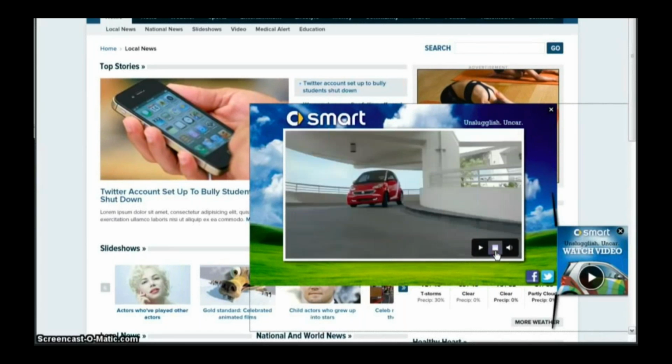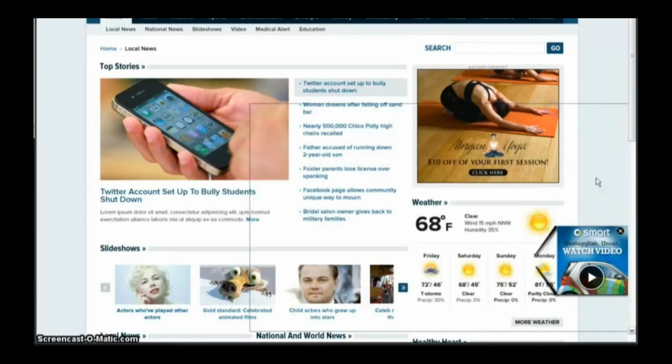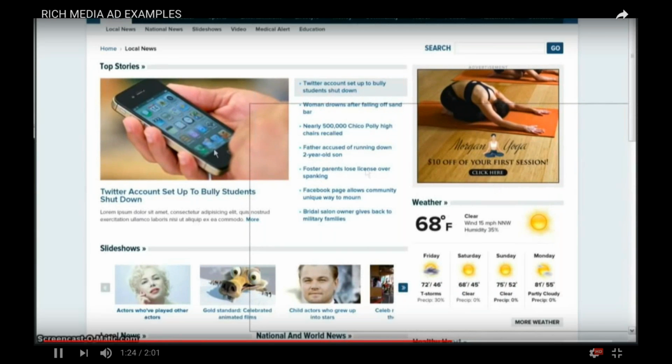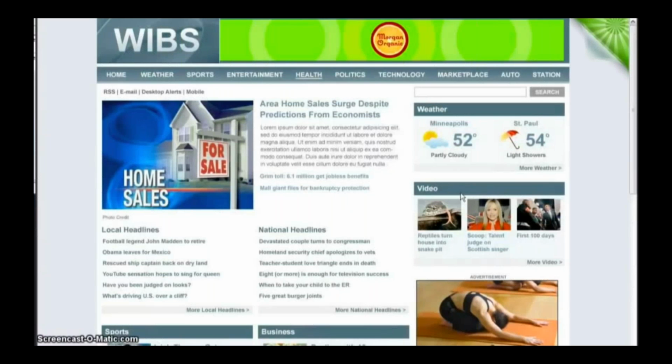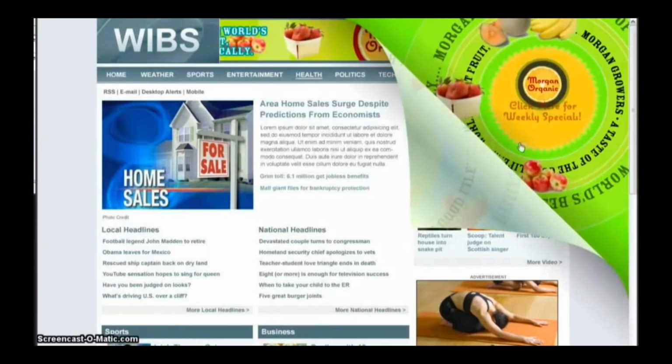Did you understand? So this can't be called just an image ad or a video ad. It actually works on the basis of engagement by the user. So it's very creative. You can have a different variety of these kinds of ads.